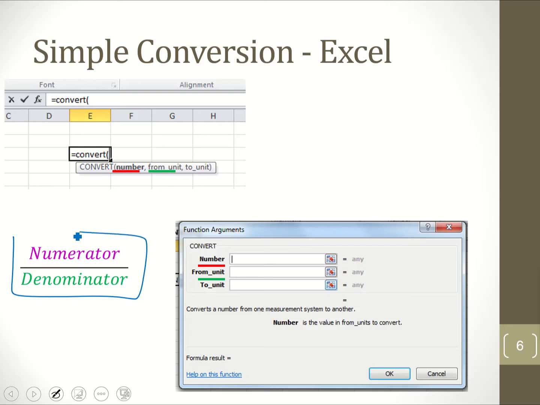The from unit, or the very first unit we have, is always in the denominator, and our to unit is always in the numerator. That is very important to remember. So our to unit, or the last argument, is in the numerator. The second argument in here is in the denominator. The first argument, of course, is the number itself.